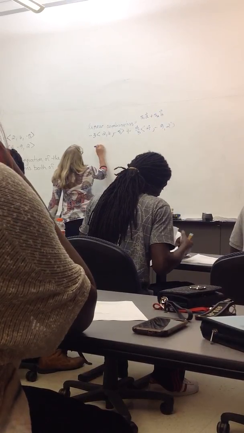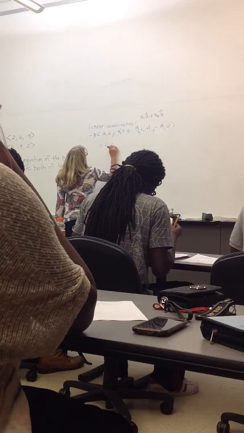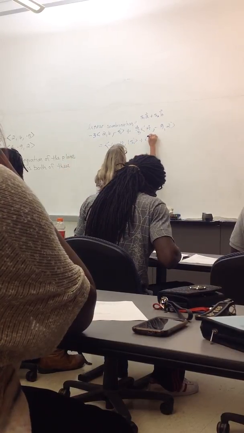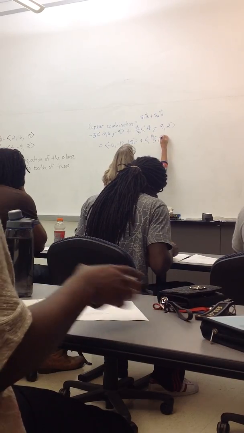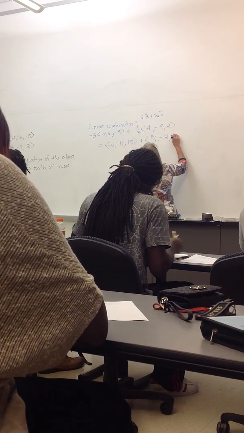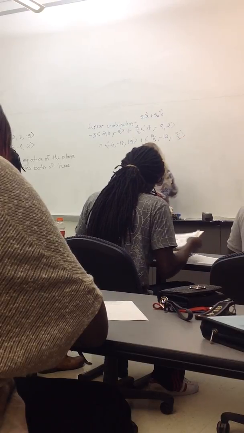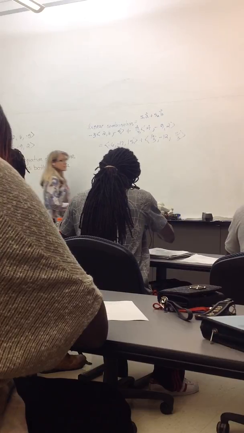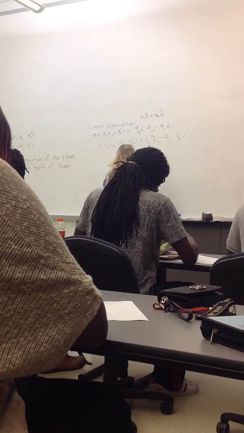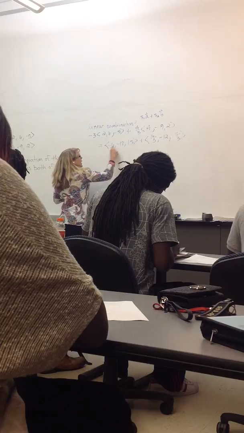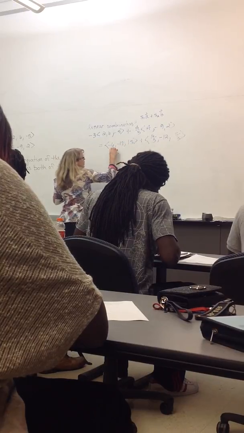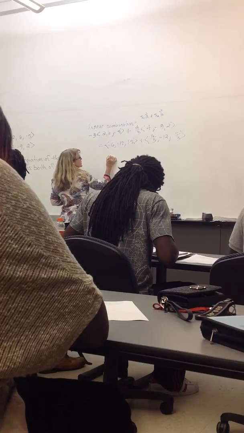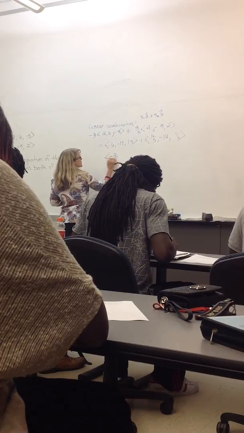So our linear combination in this case would be -6, -18, +15 added to 16/3, -12, 8/3. So I add the like components: -6 added to 16/3 gives me -2/3.